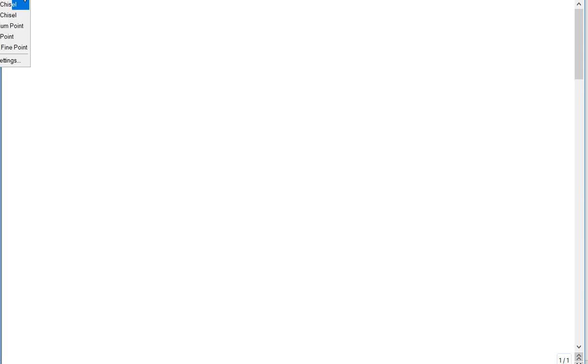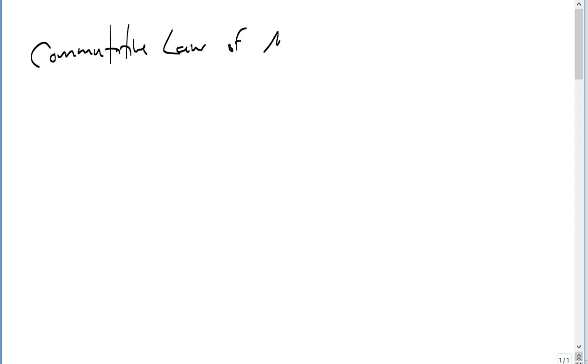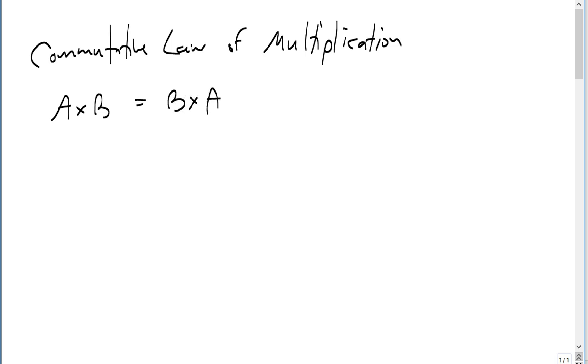In fact, it gives the commutative law of multiplication. We had one for addition, and this says that A times B is the same thing as B times A, which means that when you have all multiplication, you can do things in any order.